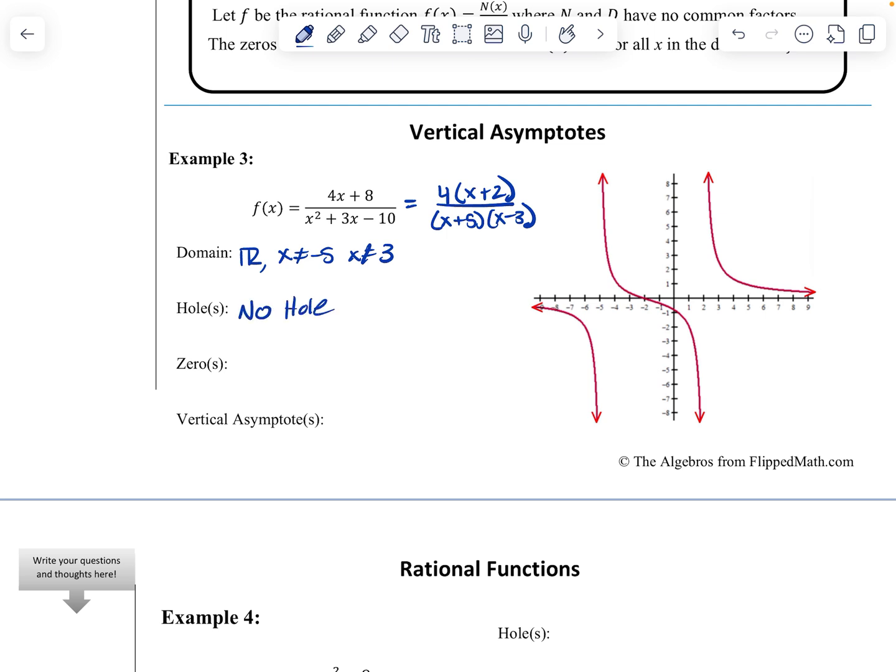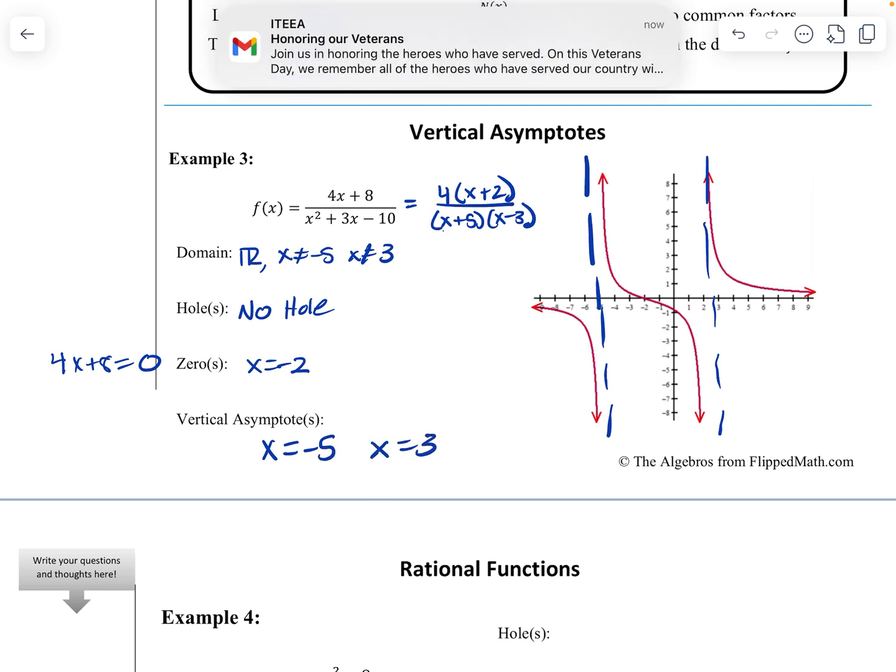And there's a 0 at our top when x equals -2, because our 0 is when that numerator equals 0. So we also know there's no holes, but we don't have x values, right? We said at -5 and at 3. So that's where our verticals are, at -5 and x equals 3.